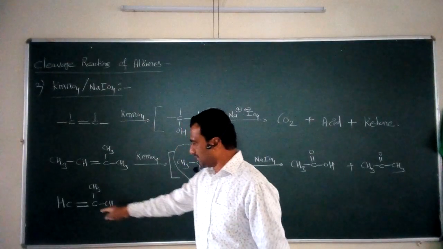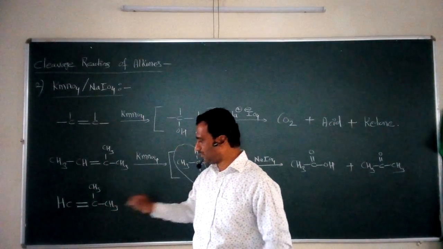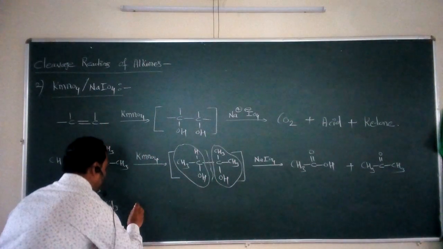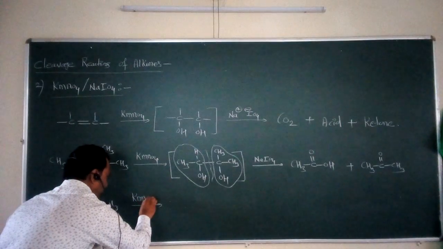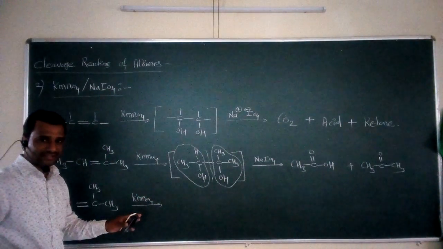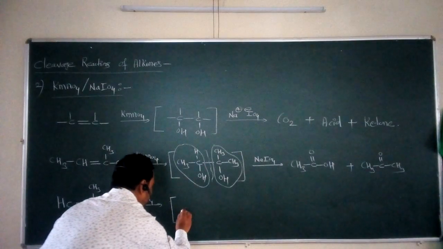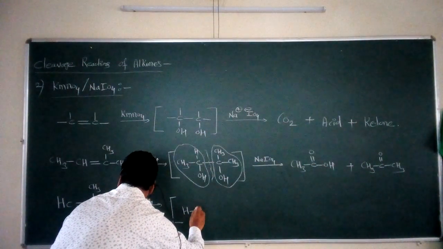Again we have to follow the same steps. Again this reactant molecule interacts with KMnO4 in the first step. What happens after this interaction? We again get a diol. So what type of diol is obtained? This is H-C.